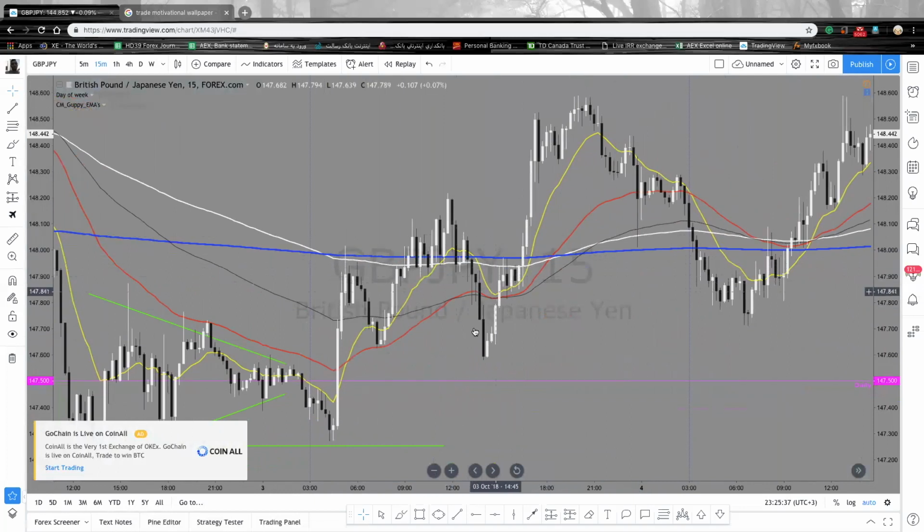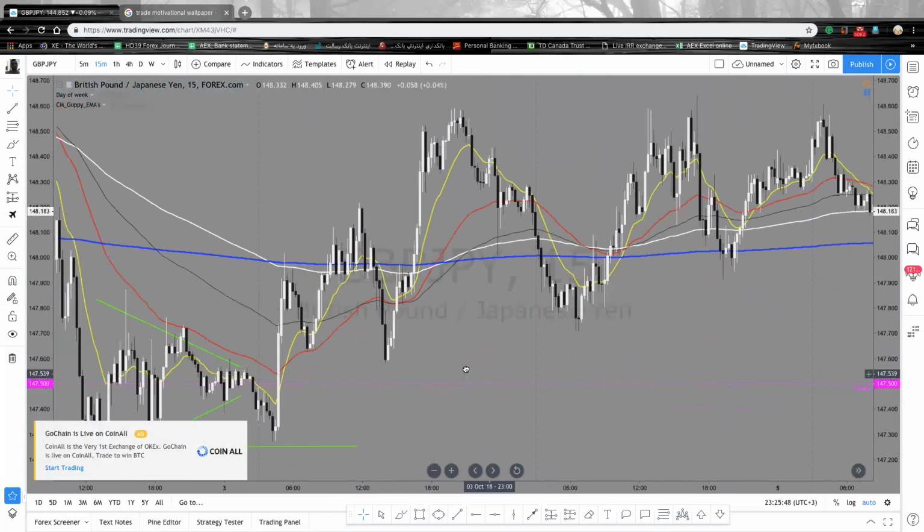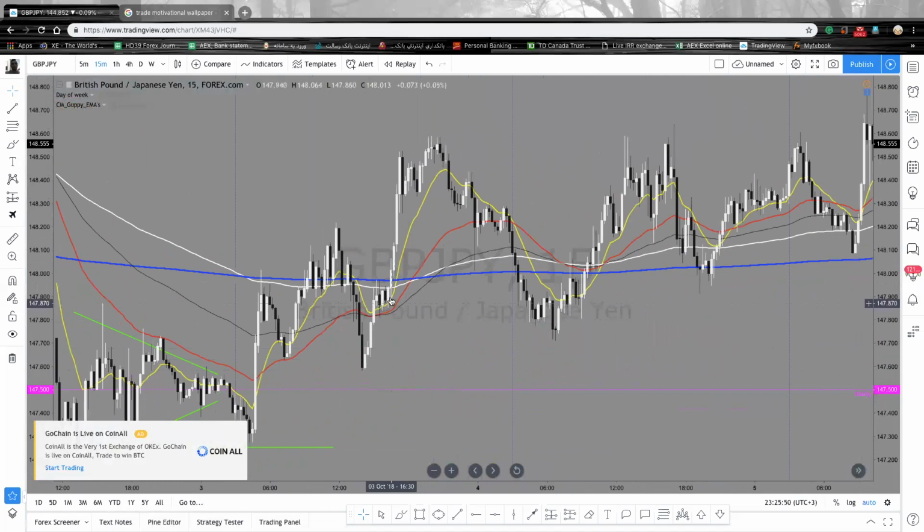These are just playing with the mentality of the retail traders. They made the damage, so they're just moving it up. So you can join again here, and I don't recommend you joining from here.